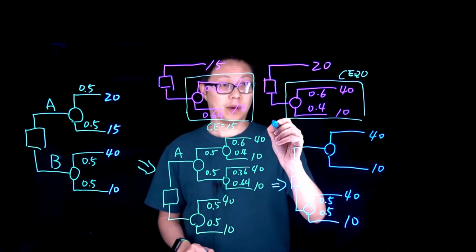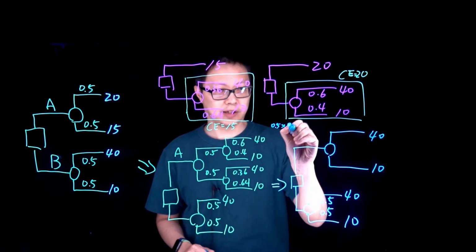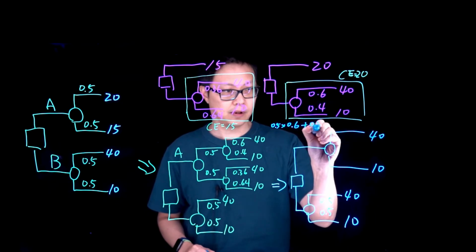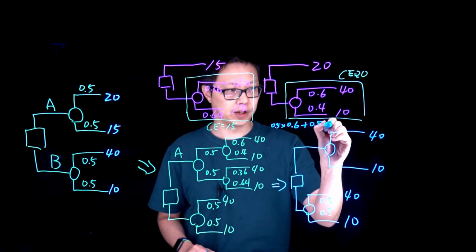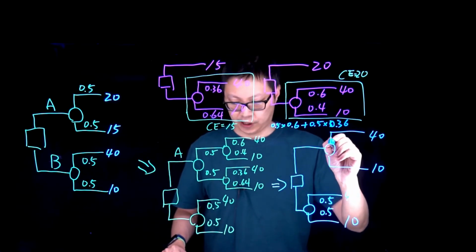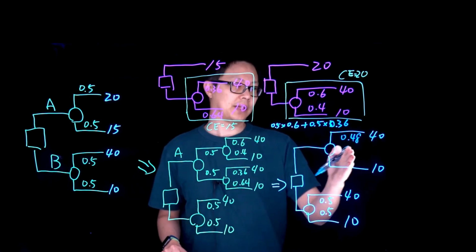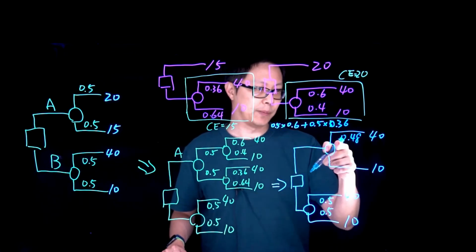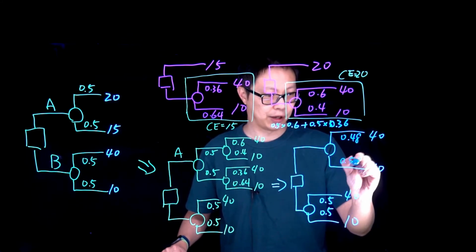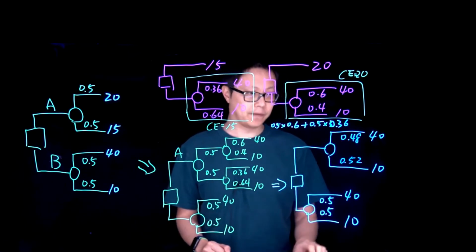It will be 0.5 times 0.6 plus 0.5 times 0.36. In other words, the probability of getting 40 would be 0.48. Similarly, on the bottom part, the probability for getting 40 will be 0.5, and this one will be 0.52. Now, that's the final tree I try to solve.